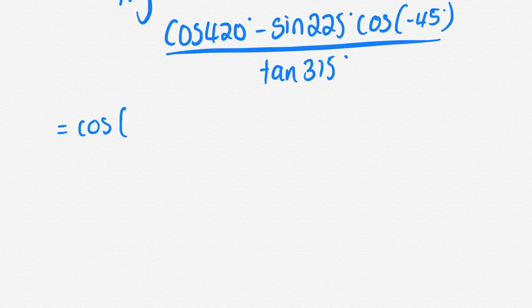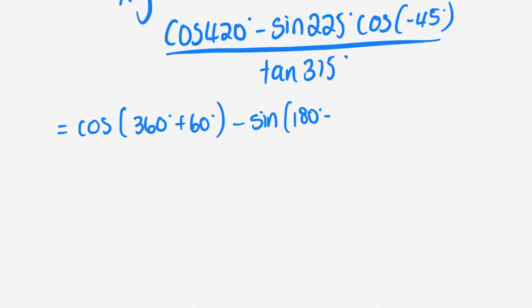We say cos of 360 plus 60 degrees, close our brackets, because 360 plus 60 gives you 420. We do something similar for sine, but we say 180 plus 45 degrees. And then we say cos of negative 45, because it's already an acute angle.